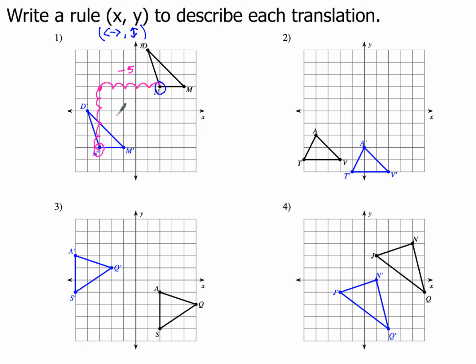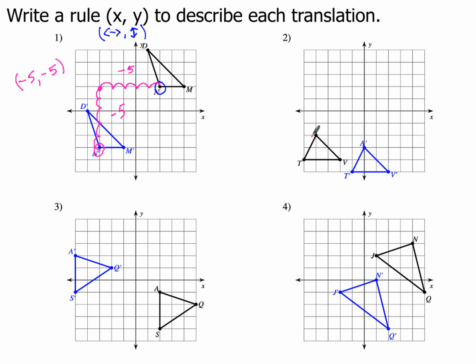And since I went down 5, that again is going to be -5. So the XY rule that describes this translation is: I moved 5 left on the X's, and I moved 5 down on the Y's, so that's going to give me -5, -5. Let's take a look at example 2.